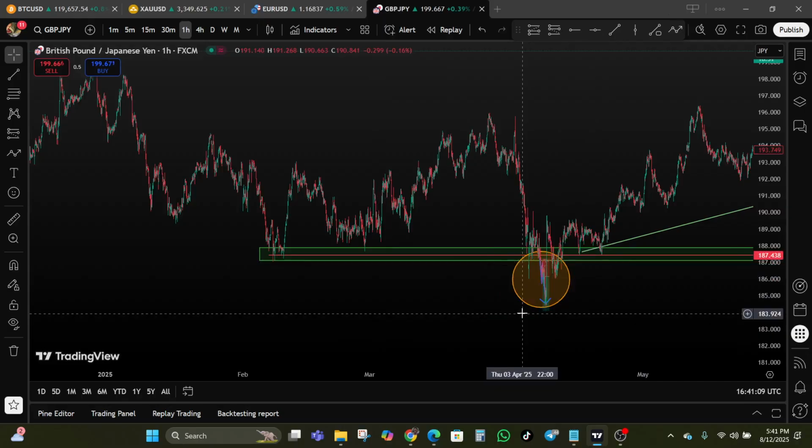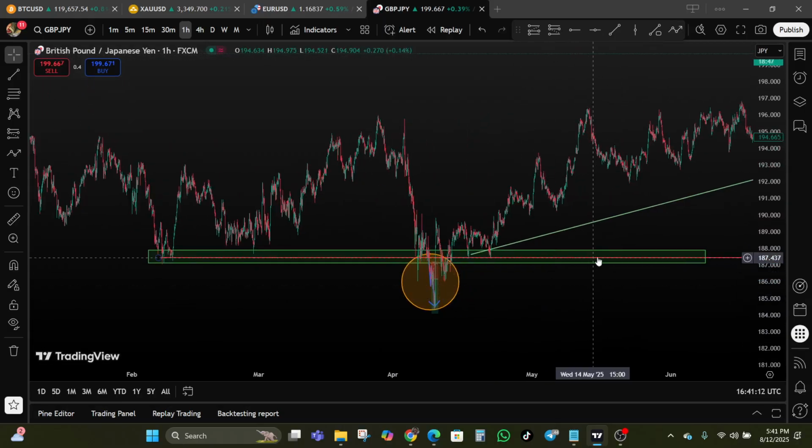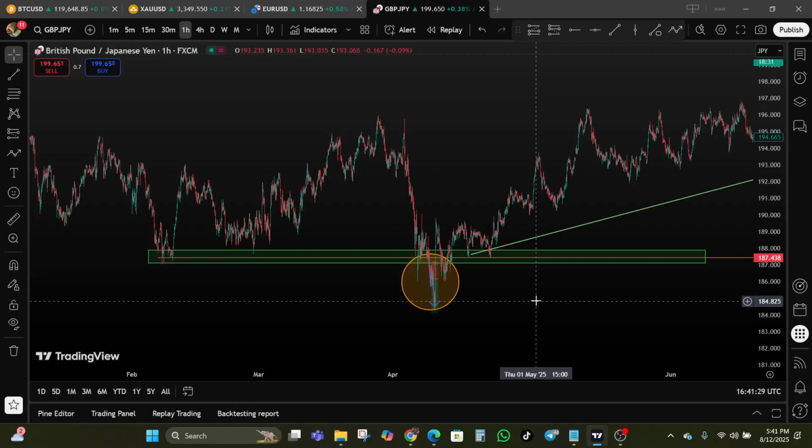You can also find them around psychological levels and near obvious breakout points. So we can classify liquidity as internal, which is within the range of current price action, or external, which is outside the most recent highs and lows. Understanding this distinction can help you anticipate where price is headed next.